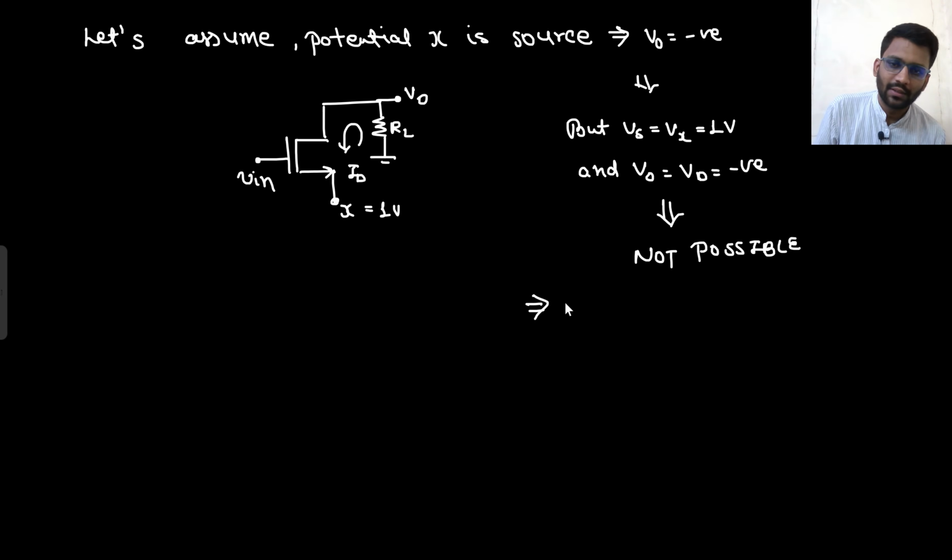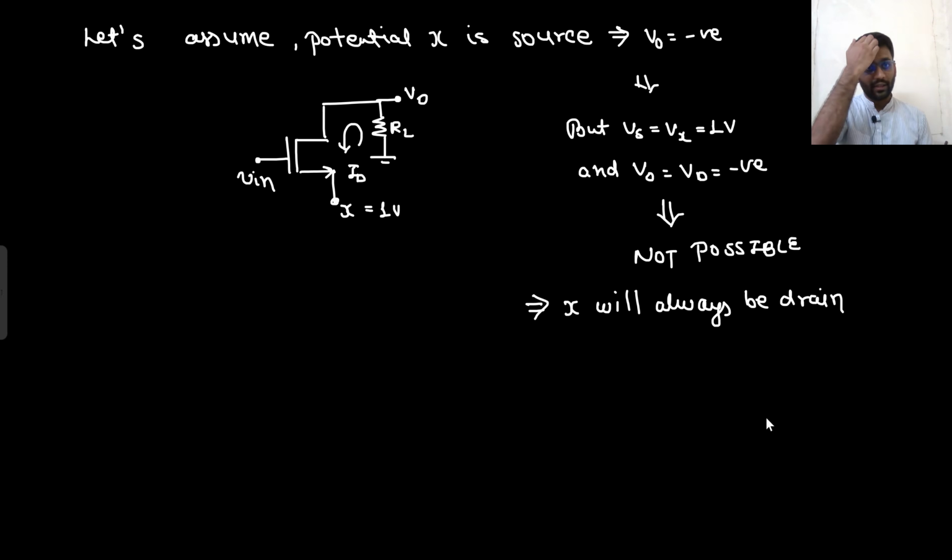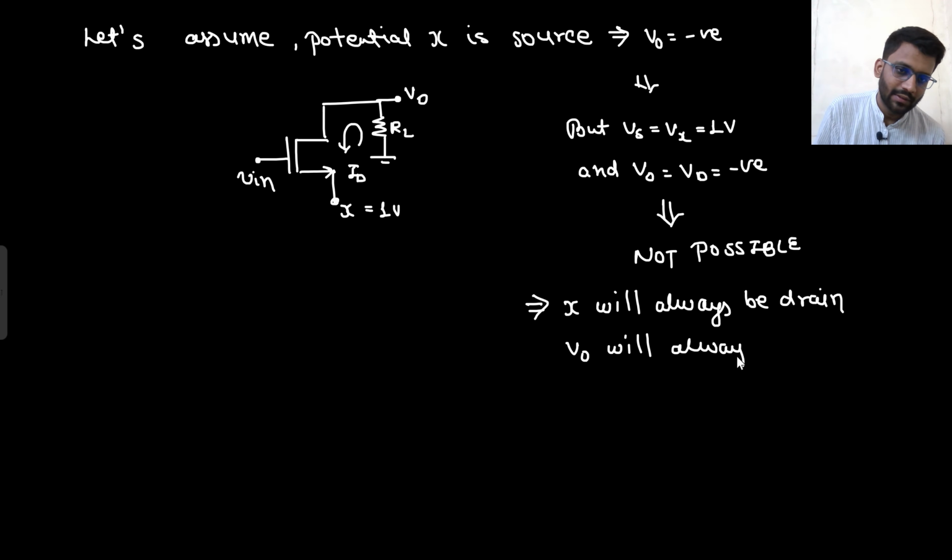That means what does that show? That shows that X will always be drain, and V0 will always be source. That means this will always be at higher potential, and this will always be at lesser potential than V0. So how will your diagram look now?